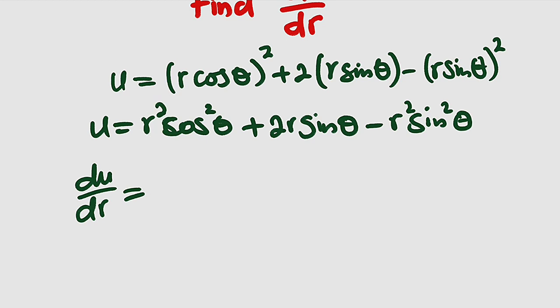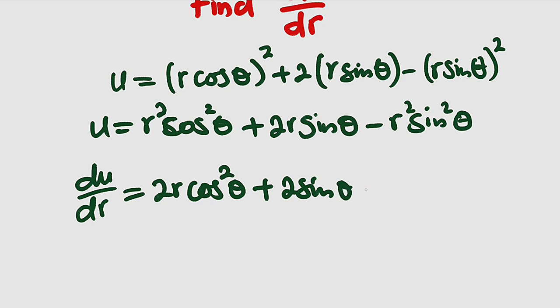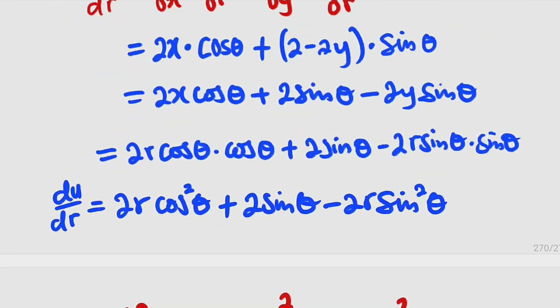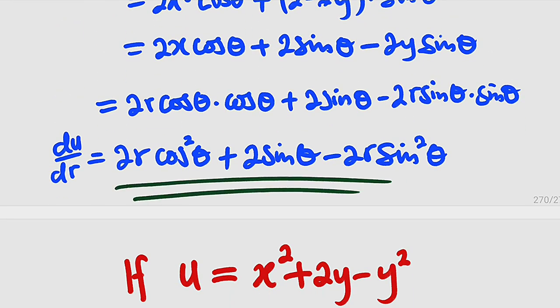Differentiating this, you have 2r cosine squared theta, then plus, if you differentiate this r, you have 1 times 2 times sine theta, which is 2 sine theta, then minus, differentiating this r squared, you have 2r sine squared theta. This is exactly the solution to this problem, which is quite simpler compared to the dependency graph. And if you compare the two answers, they are exactly the same. You can see them here.